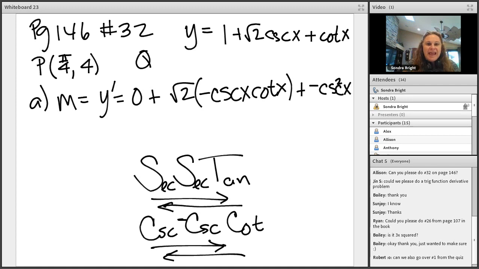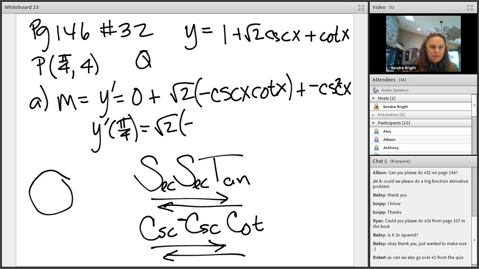And then at pi over 4 is what we want to know, because that's your x value for your point there. This would be rad 2 times negative cosecant, which is the reciprocal of sine. Pi over 4 is the 45-degree one, right? Cosine is rad 2 over 2, sine is rad 2 over 2, and so cosecant would be 2 over rad 2, so it ends up being a rad 2.